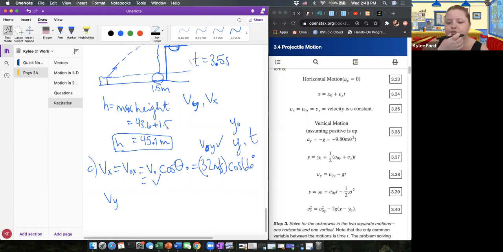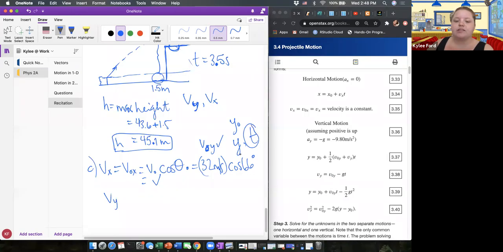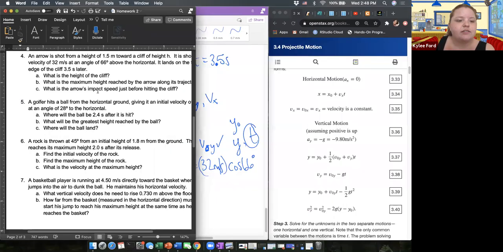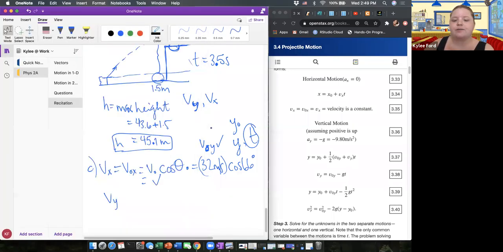So what equation do I need to use? Let's see. So I need this one. I know the time, because the time is the time of impact, is what the problem says. It lands on the top of the cliff, 3.5 seconds.